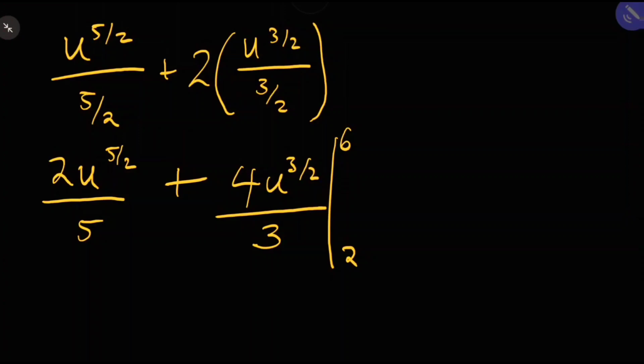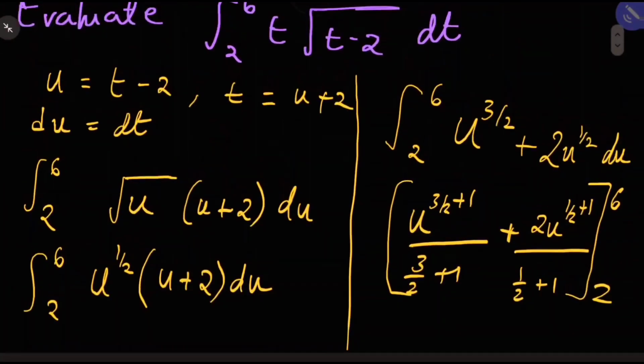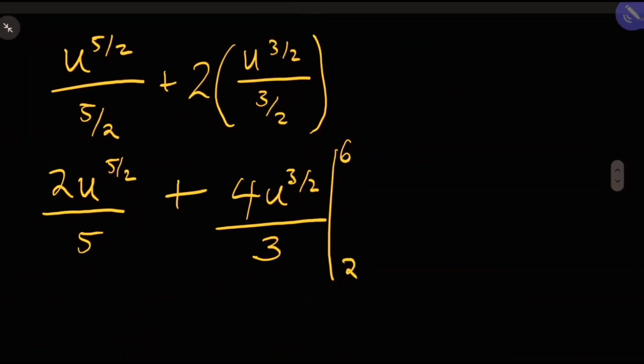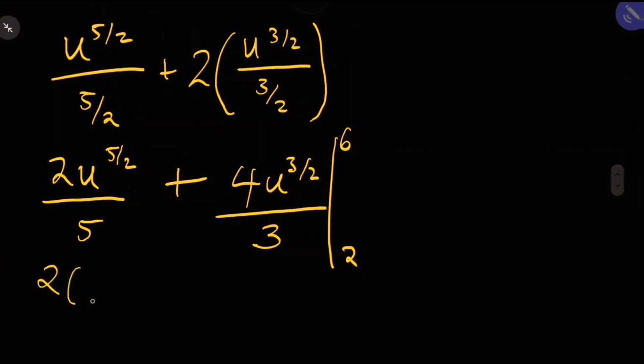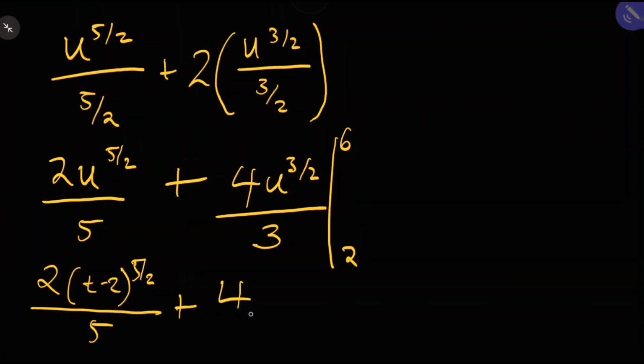So now let's expand. The first thing we are going to do is to replace u with its actual value, which is t minus 2. So we now have 2 times t minus 2 raised to the power 5 over 2 all over 5, plus 4 times t minus 2 raised to the power 3 over 2 all over 3, from 6 to 2.